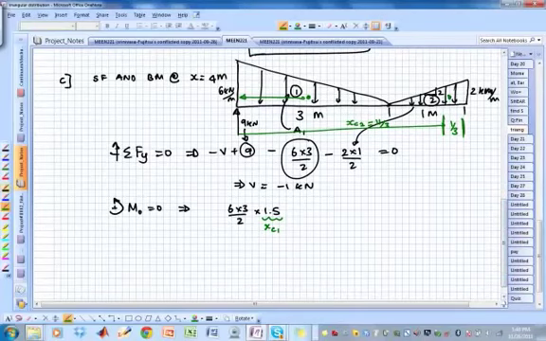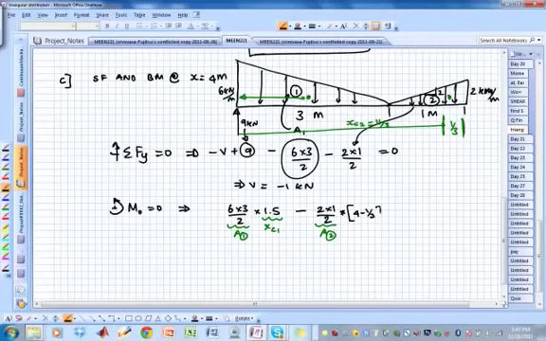So now we are ready. Minus 2 times 1/2. This is the second area. This is A1. This is area of the second one, times XC2, which will give me 4 minus 1/3. That's XC2.